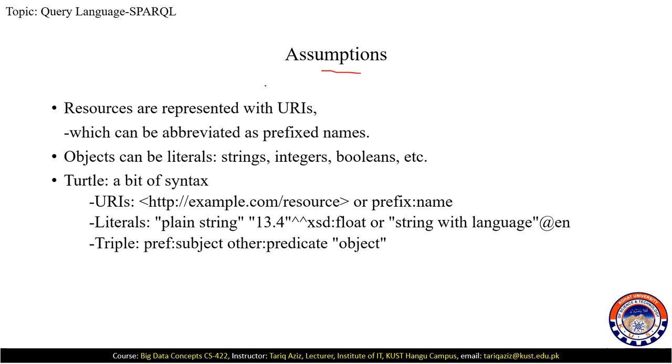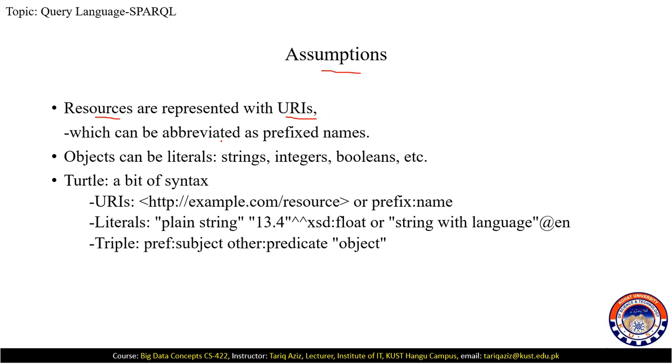Some assumptions with respect to SPARQL: if we want to represent resources, then how will we represent them? We will represent these resources with URIs, which are uniform resource identifiers, also known as URLs, uniform resource locators.